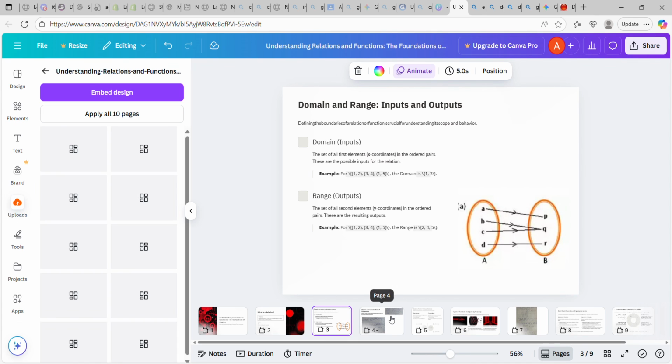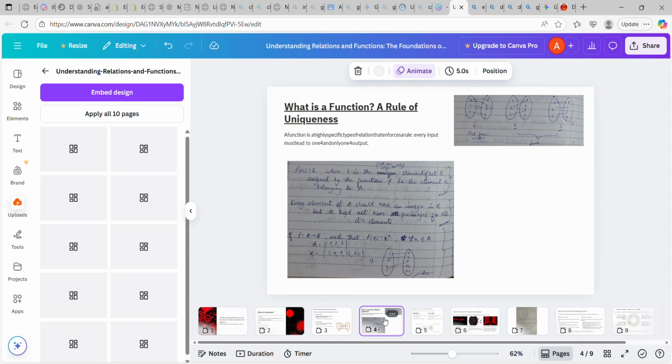So moving to the next slide, we have functions. Starting with the definition of functions, we have learned about the relation, now it's time for function.